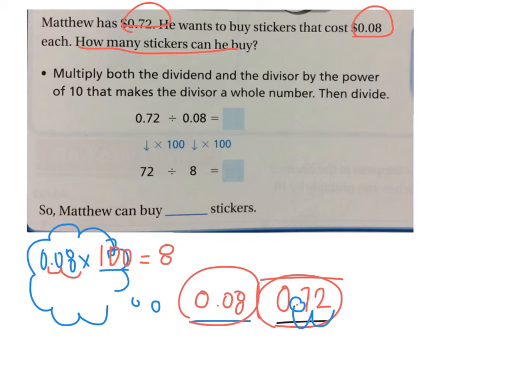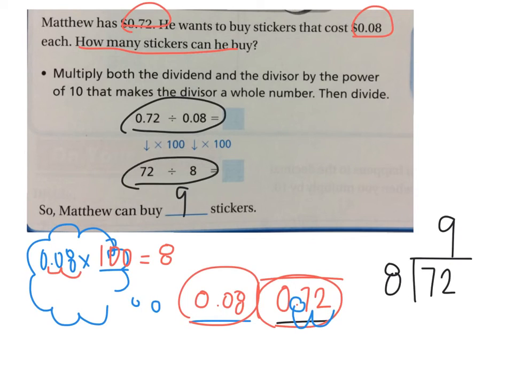So what's my new division equation after I've multiplied both the dividend and the divisor by 100? It's 72 divided by 8. What is 72 divided by 8? 9. So how many stickers can Matthew buy? 9 stickers. Why is it okay that I changed the equation from 72 hundredths divided by 8 hundredths to 72 divided by 8? Why is that okay? Turn and talk to your table group.